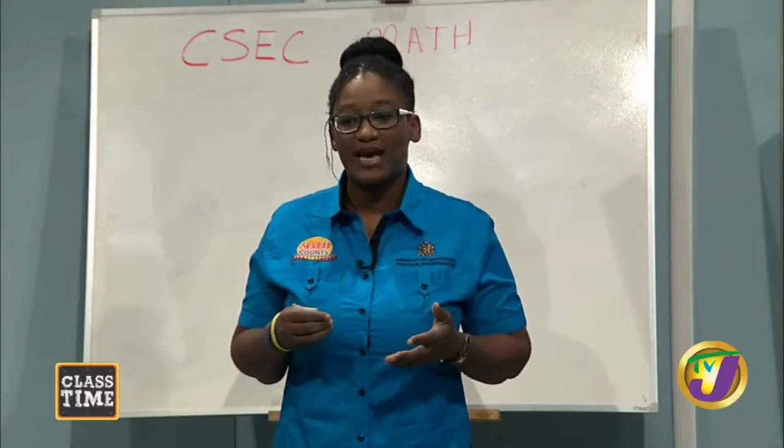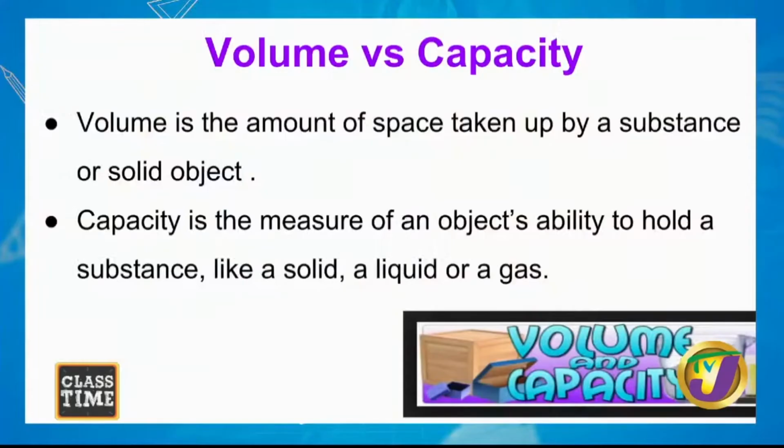Now, the volume is the amount of space that's taken up by a substance, whether it's solid or otherwise. Now, we talk about capacity as well, being the measure of an object's ability to hold a substance like solid, liquid, or gas.